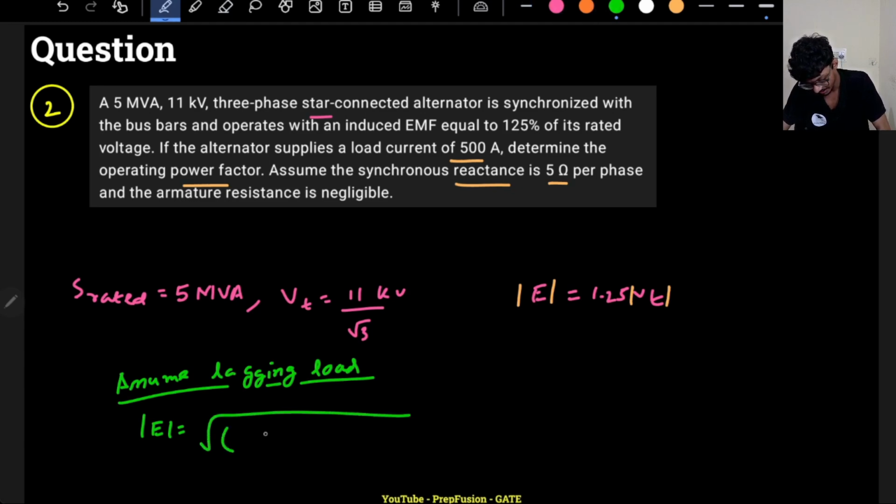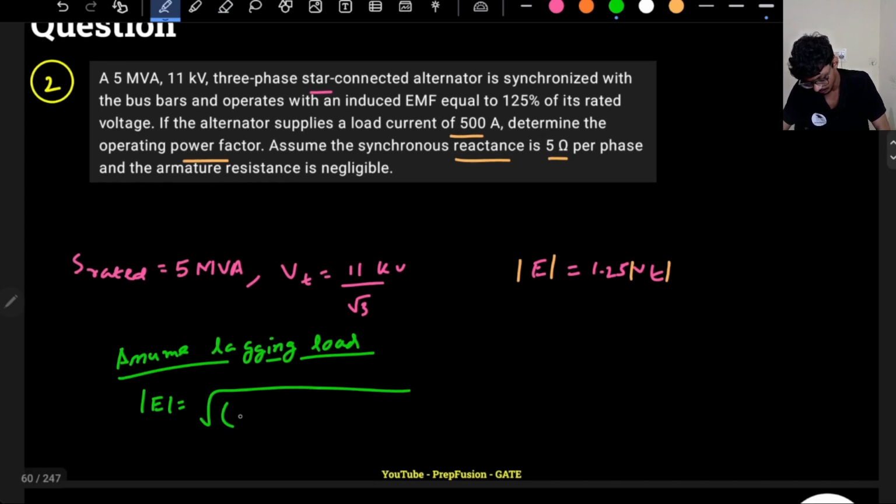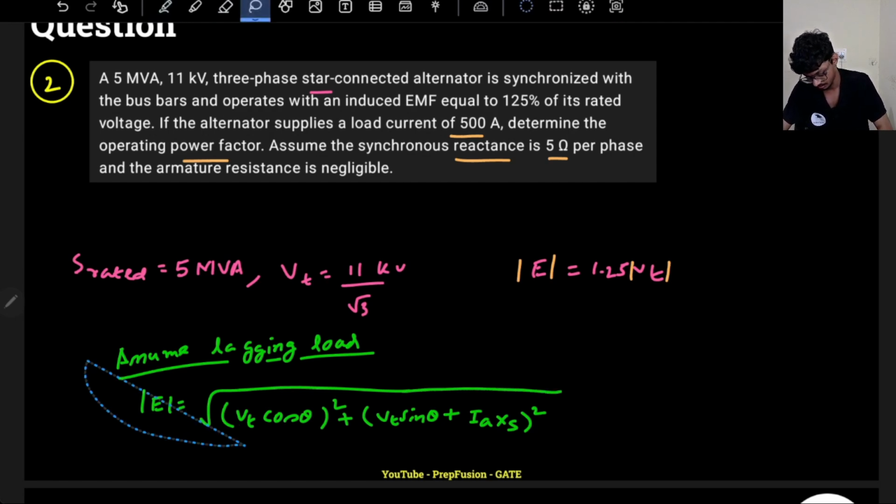The formula is E equals the square root of (Vt cos theta plus Ia Ra) whole square, and Ra is 0 here so I will not write it, plus (Vt sin theta plus Ia Xs) whole square.